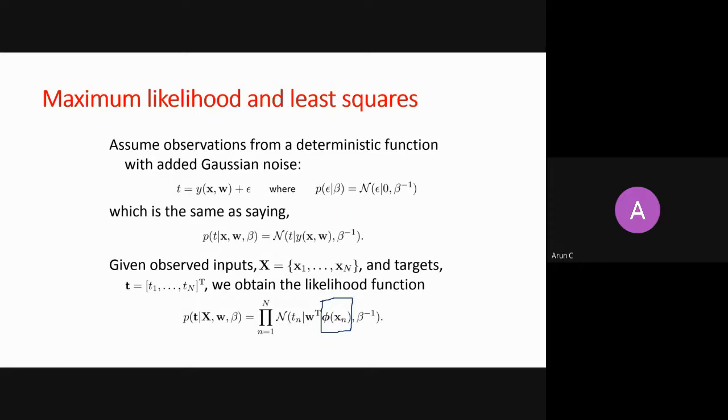But all the theory will be the same. Even if you have not projected, you just replace phi of X with X, which means you are using X in the original dimensions without projection, right? Okay. So far, so good.